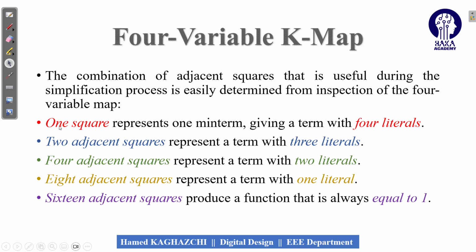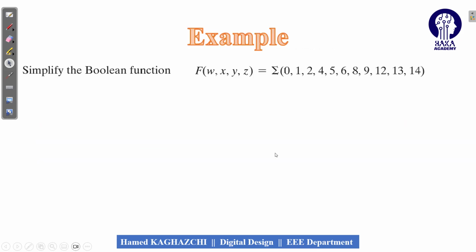Similarly, if we make one square as one group, we will have 4 literals inside of this term. In the case of 2 adjacent squares, we will have 3 literals. 4 adjacent squares, 2 literals, 8 adjacent squares, 1 literal, and if all of the squares of the 4-variable Karnaugh map are equal to 1, it means that the function is equal to 1.